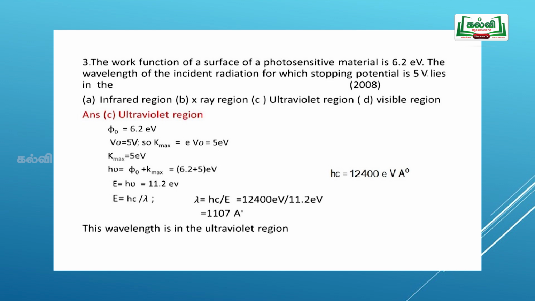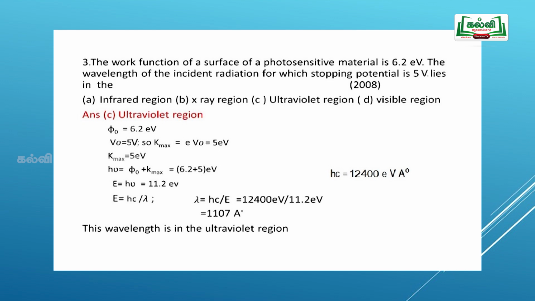So we know the kinetic energy max and the work function of the metal. Substituting in Einstein's photoelectric equation, h nu equals phi naught plus K max, we can get the energy of the incident photon, which is 6.2 plus 5, which results in 11.2 electron volt.